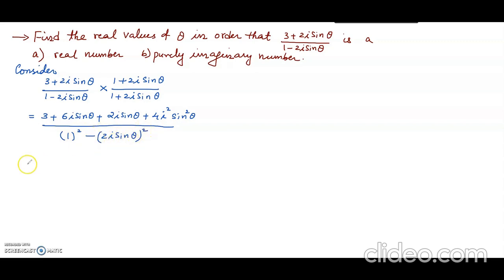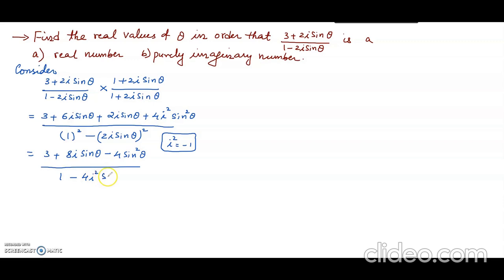So this is 3 plus 6i sine theta plus 2i sine theta becomes 8i sine theta. This becomes minus 4 sine square theta because the value of i square is minus 1. So 4 into minus 1 becomes minus 4. Whole divided by 1 minus 4 i square sine square theta.